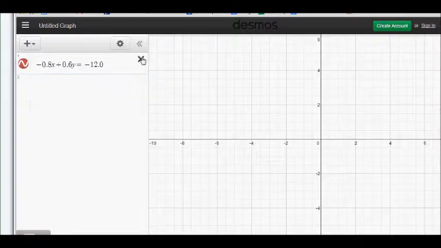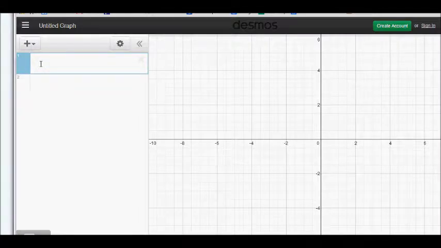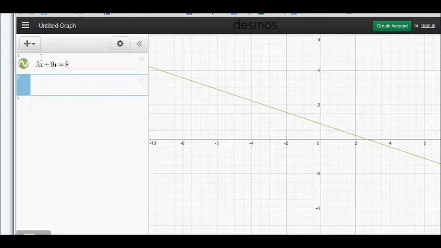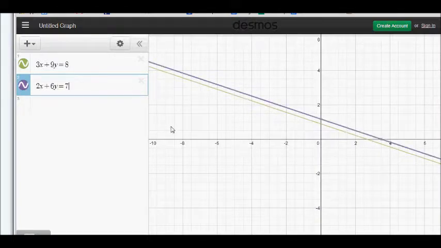Let's go ahead and do the last one. This one is a concept I haven't introduced yet in this chapter, but you can see how this works. So I have 3x plus 9y, and that's going to equal 8. And my other equation is 2x plus 6y equals 7. Now, this is a little bit different because as we graph them, you're going to notice these are parallel lines.